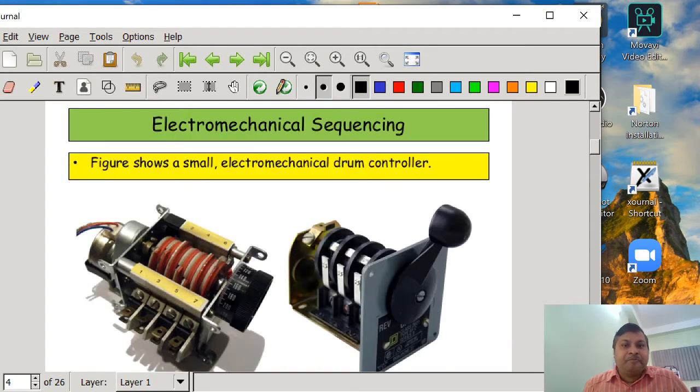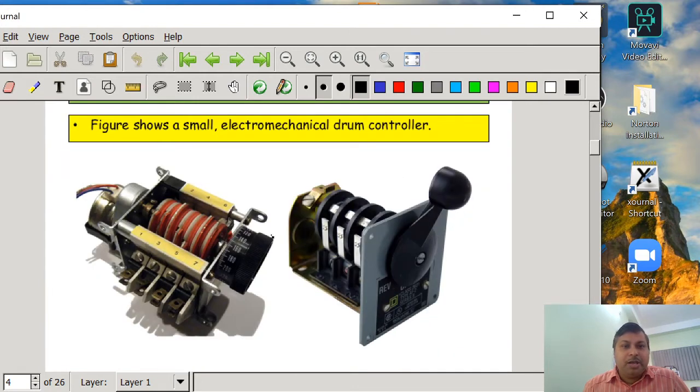So this is the typical electromechanical sequencing operation done by a drum controller. The figure shows a small electromechanical drum controller. Here you can see two important things from this figure: it has a motor, and here you can see a knob, or a joystick or jockey.